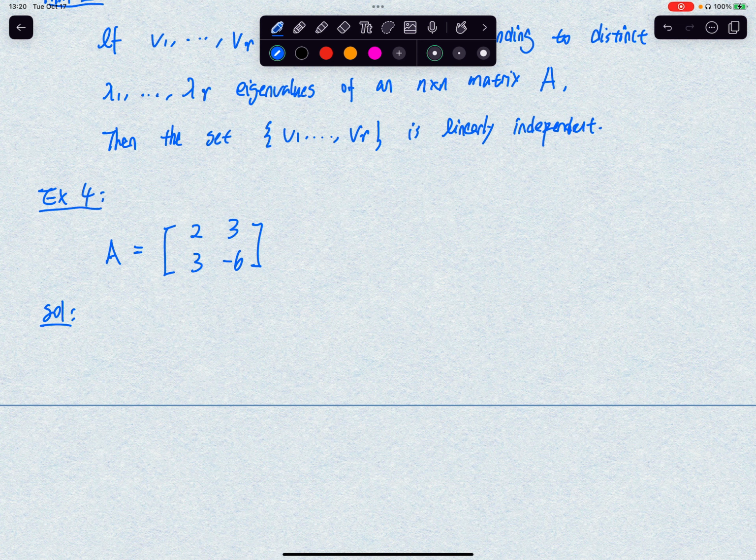We first need to find all scalars lambda such that (A minus lambda I_2) x equals 0 has a non-trivial solution. According to the invertible matrix theorem, this is equivalent to stating that the matrix A minus lambda I_2 has determinant 0, so it is not invertible.